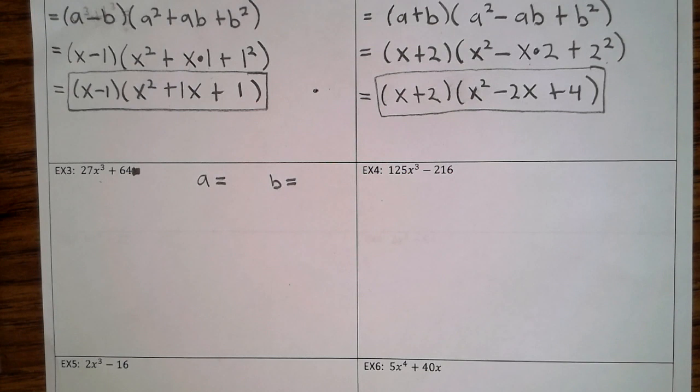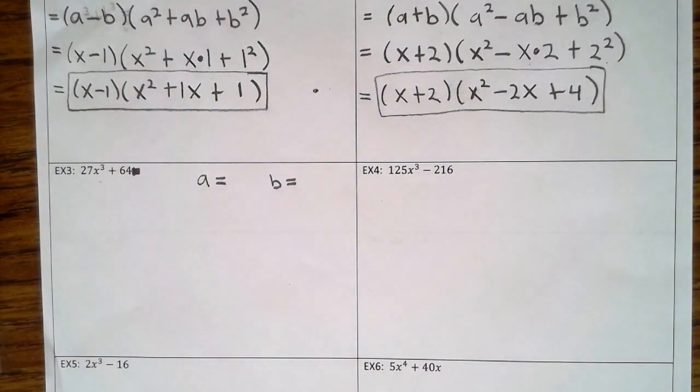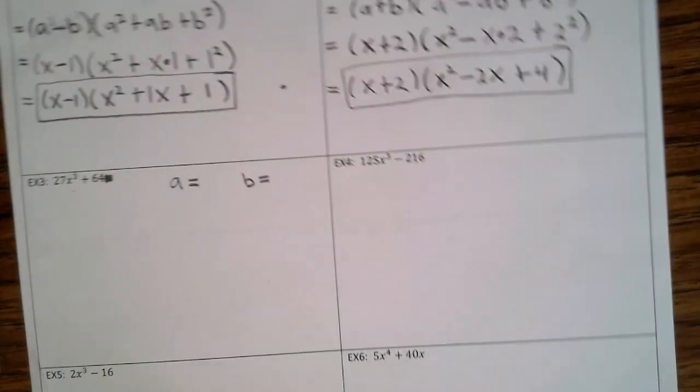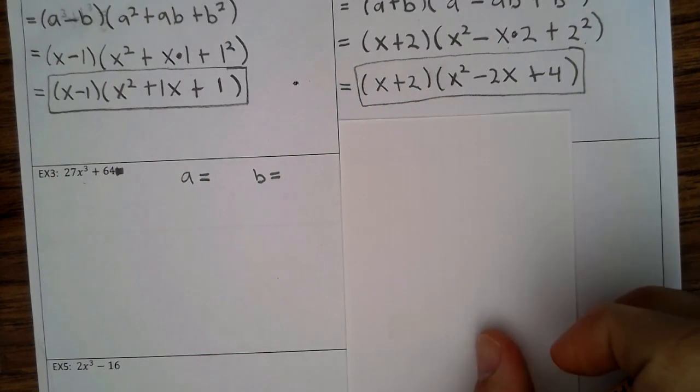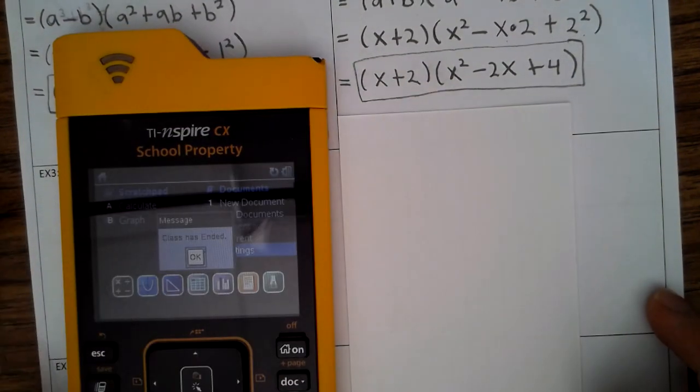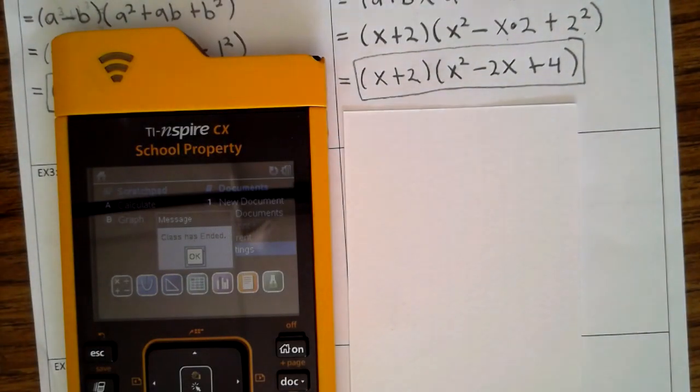Now, what we might want to do is get a calculator and maybe a note card, and just get the cubed values. So what I'm probably going to do is, let me get the glare off this.